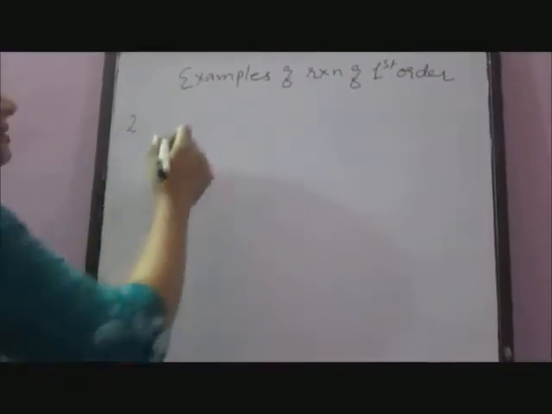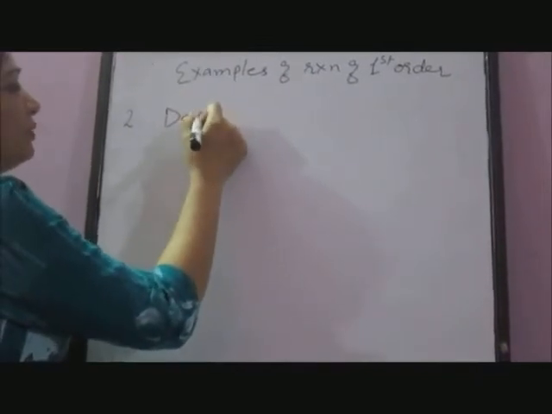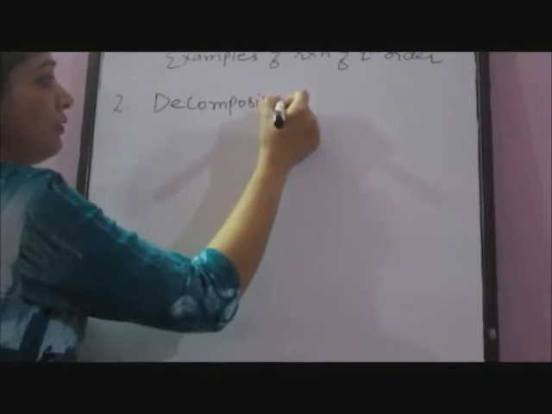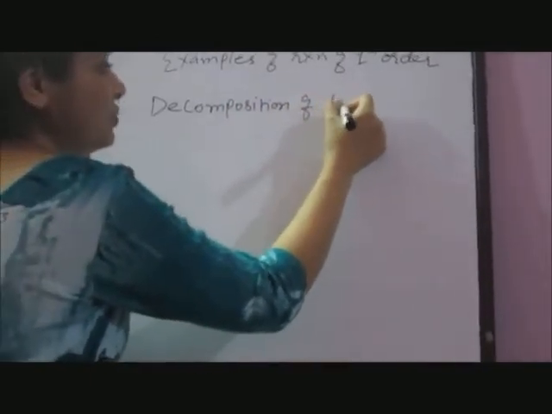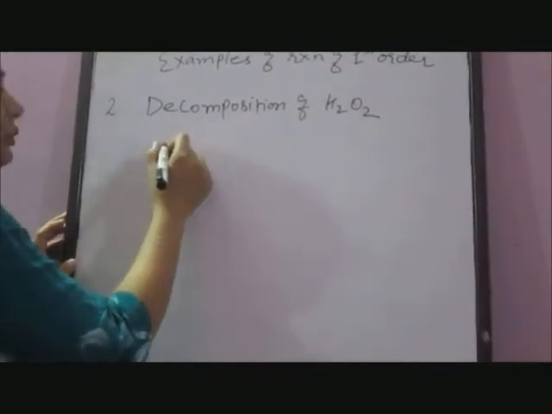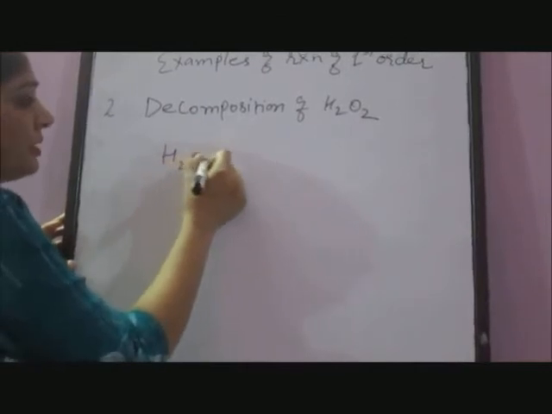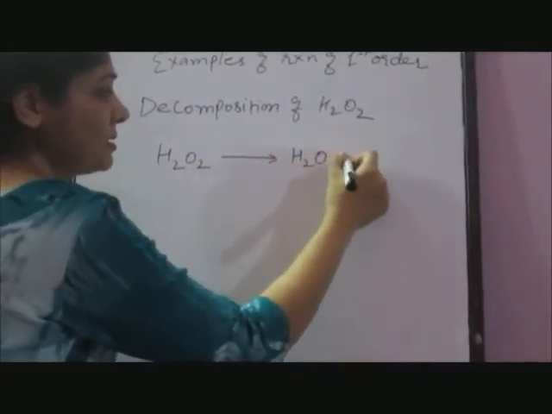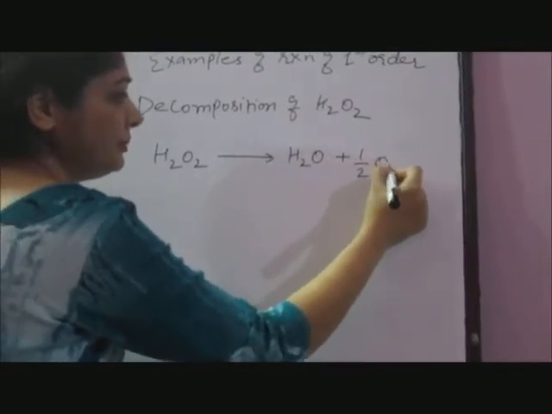Next example is decomposition of hydrogen peroxide. Decomposition of H2O2, that is hydrogen peroxide, in aqueous solution catalyzed by the presence of finely divided platinum. H2O2 decomposes to form H2O plus half O2.